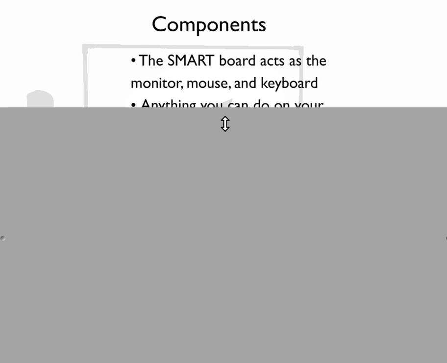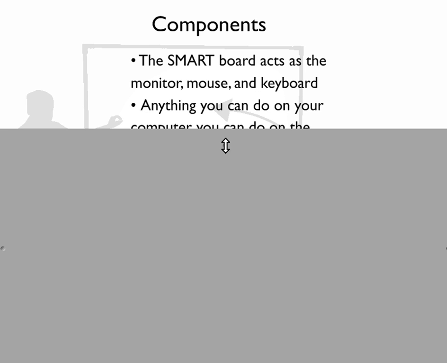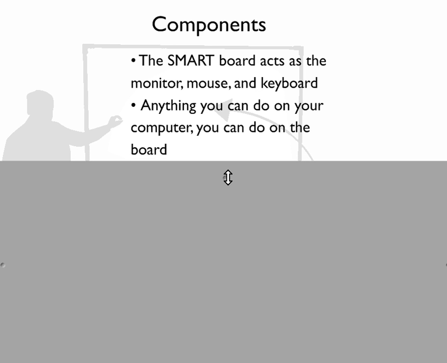So once again, the keyboard button on the tray is great for just quick, short typing that you have to do on the board. Anything that you do on the computer, you can do on the board, where you can open programs, open saved documents or navigate around throughout your computer.